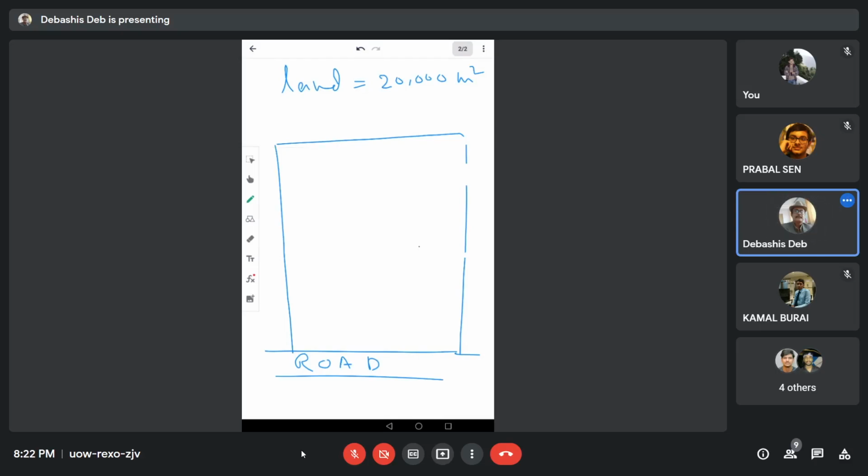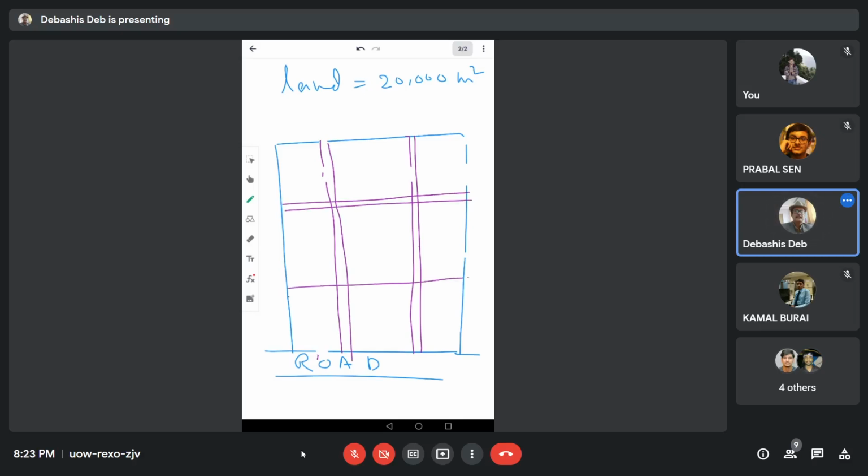So, these are the roads, these are plots.